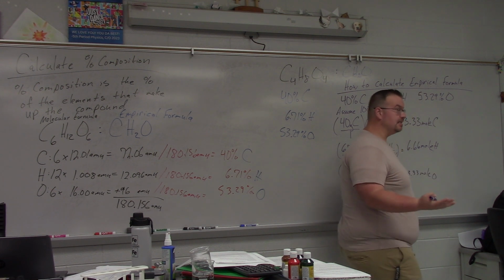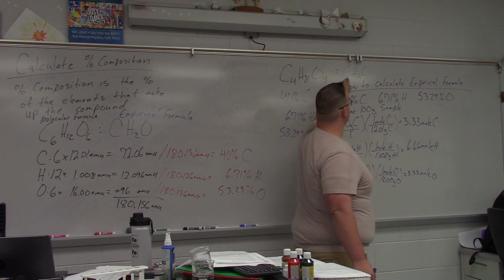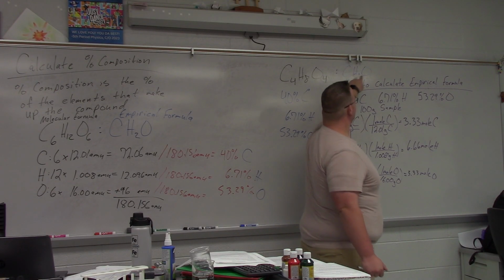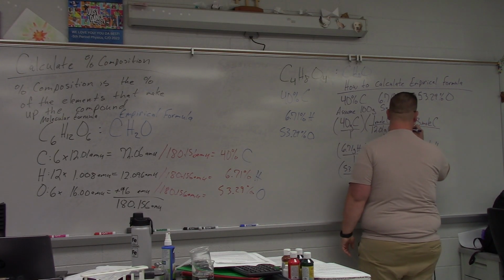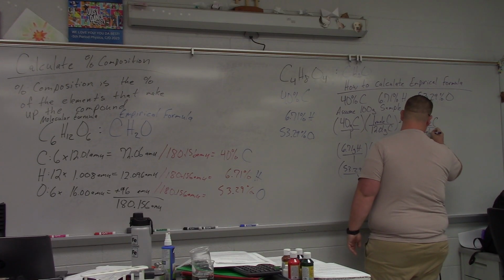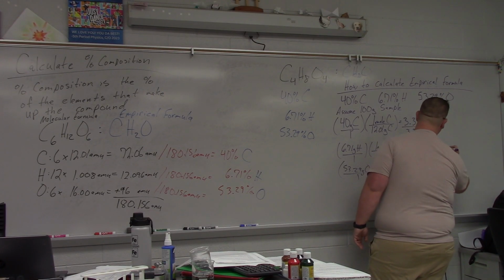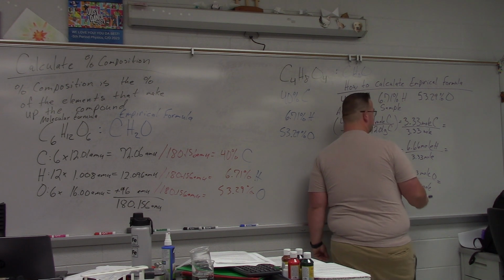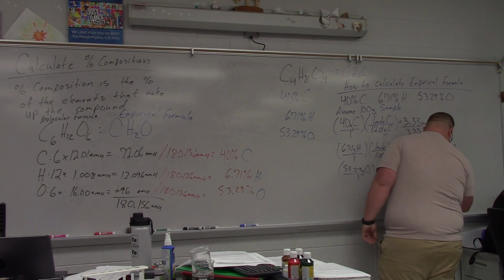That should make sense because if you look back at the empirical formula, the coefficients are the same for carbon and for oxygen. So then what we do, we divide it by that number, so 3.33 divided by 3.33. You are dividing by moles. Divided by 3.33 moles. You do this, what do we get for carbon? 1. Hydrogen is 2. Oxygen is 1.